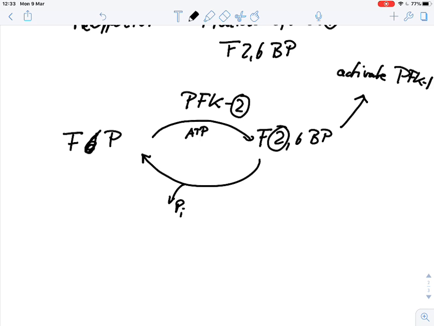The enzyme that does that is a phosphatase. Here we have a kinase. So PFK2 is a kinase. It transfers a phosphate residue onto F6 phosphate. And a phosphatase does exactly the opposite. It removes the phosphate and turns F26 bisphosphate back into F6 phosphate.